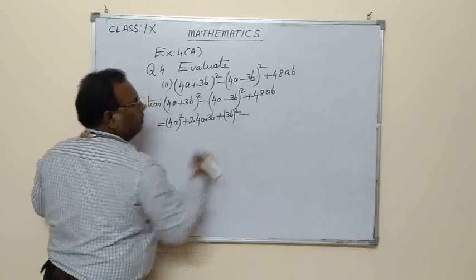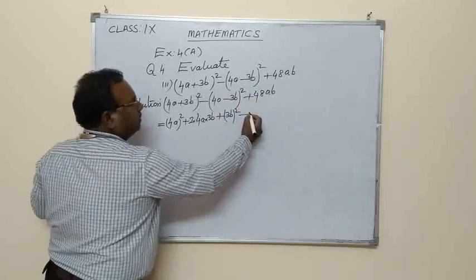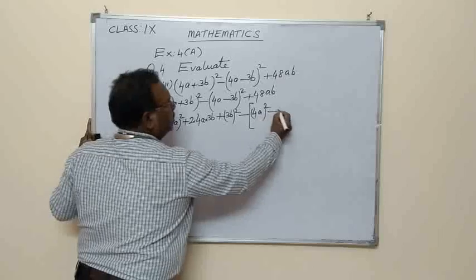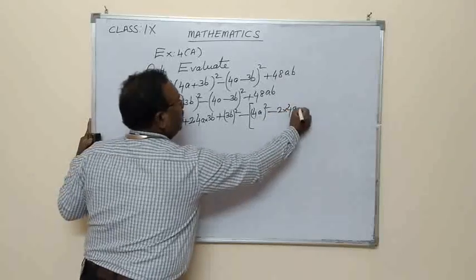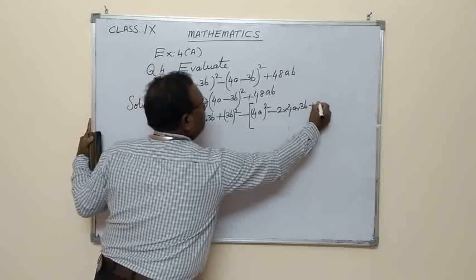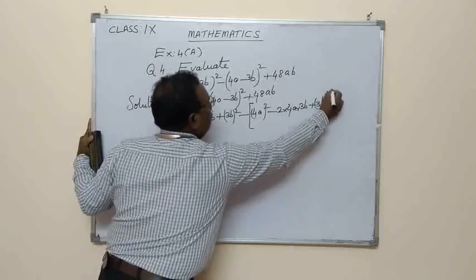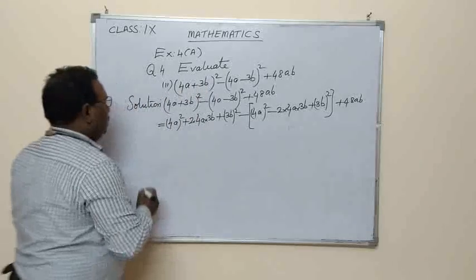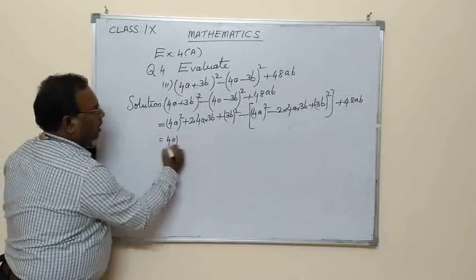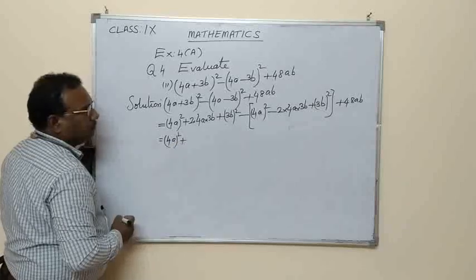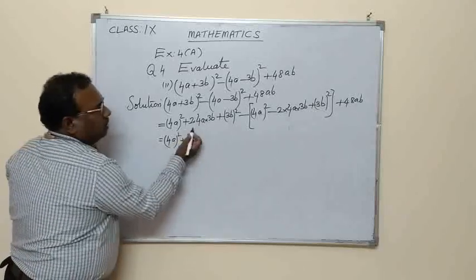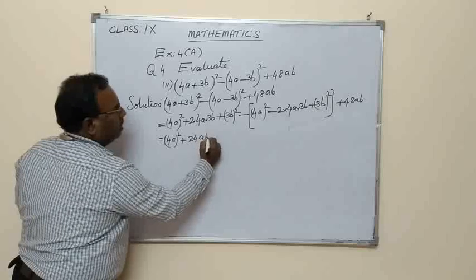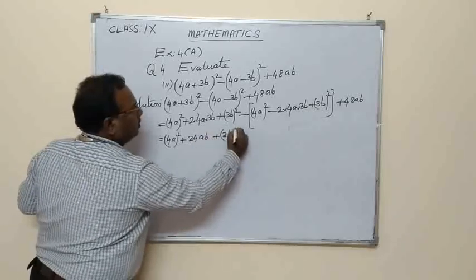Then again minus, here also expand this, (4a) whole square minus 2 into 4a into 3b plus (3b) whole square plus 48ab, which is equal to (4a) whole square plus, multiply 2 into 4 into 3, 24ab plus (3b) whole square.